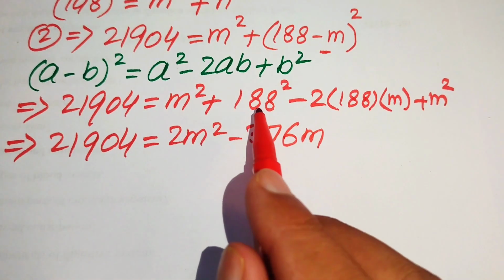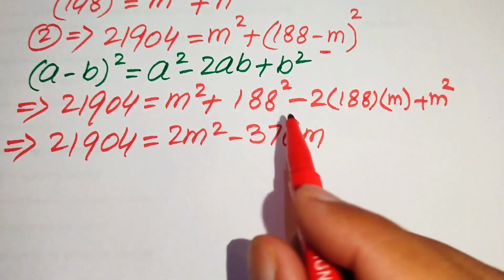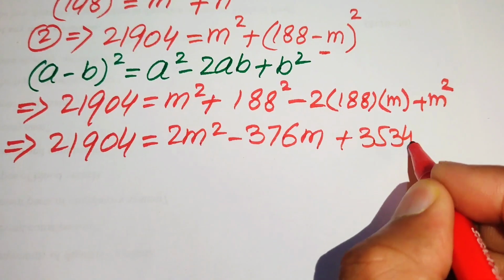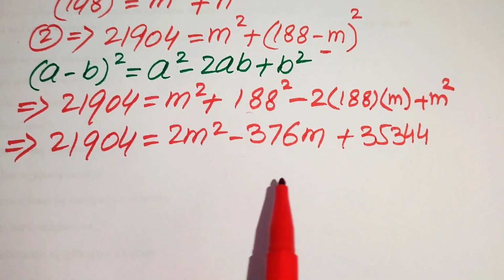Here we open the square of 188, and the square of this term is equal to 35,344. So this is the square of 188.